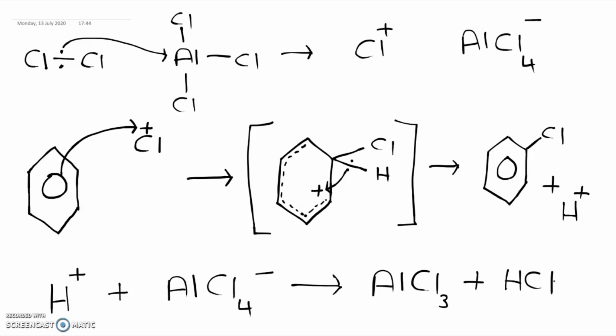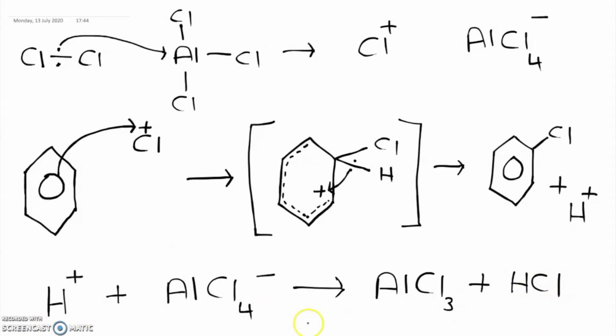The AlCl4- is used in stage 3 to regenerate the catalyst. The products of stage 2 are chlorobenzene and H+, and the chlorobenzene is one of my main products in this reaction. The H+ is used to regenerate the catalyst along with AlCl4-.